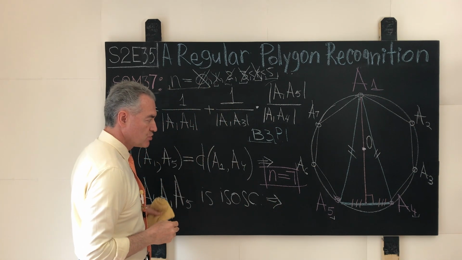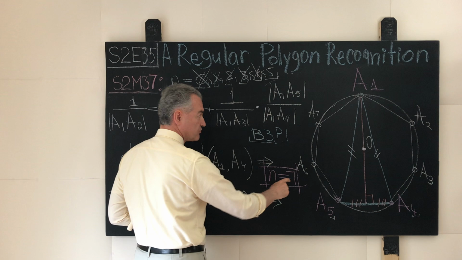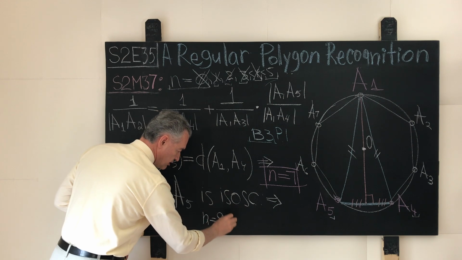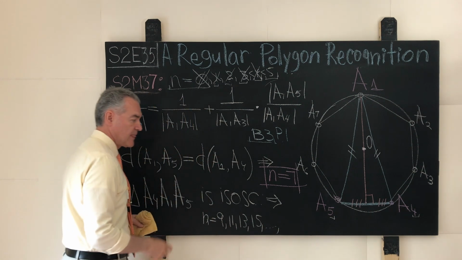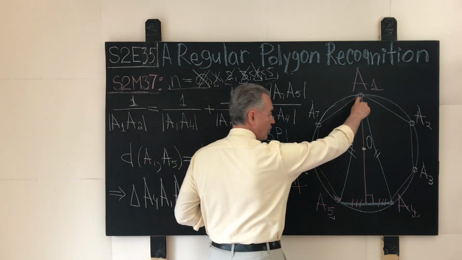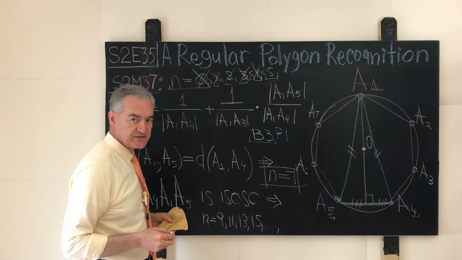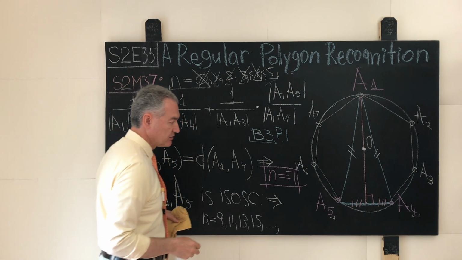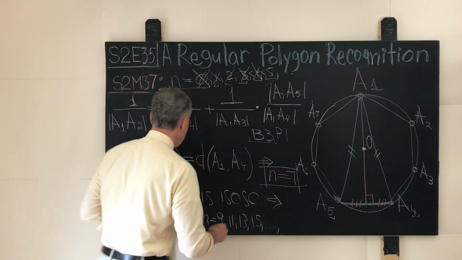And we should be able to show that for any value of n that is odd but greater than 7, for example 9, 11, 13, 15, and so on, this conclusion will not hold. In other words, the distance between the points A1 and A4 and A1 and A5 will not be the same anymore. Why is that? Well, we saw that when n is less than 7, in a regular pentagon, the points 4 and 5 were located which way?